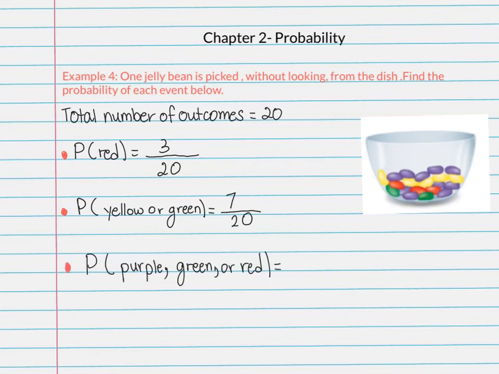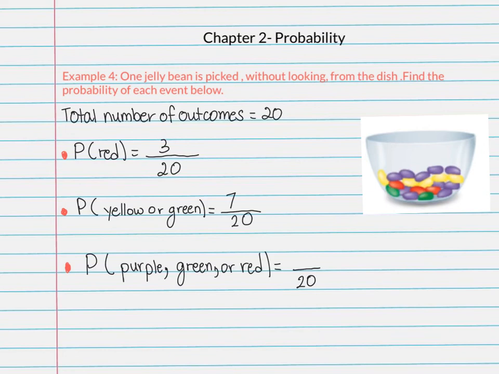Another example. What's the probability of purple, green, or red? We have to count the 3 of them. Purple, green, red. The fraction has a denominator of 20. Our total does not change. Now we count. Let's start counting the purple. 1, 2, 3, 4, 5, 6, 7, 8, 9, 10, 11, 12, 13, 14, 15.